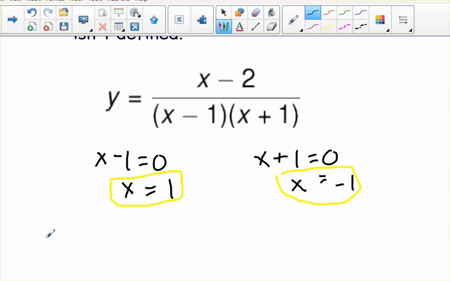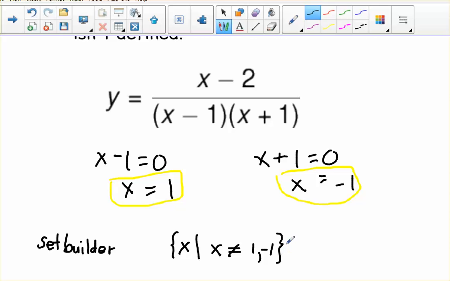So in set builder, we're going to have a description, and it's going to look something like this. We're going to say we have the set of all values of x such that x is not equal to 1 and negative 1.